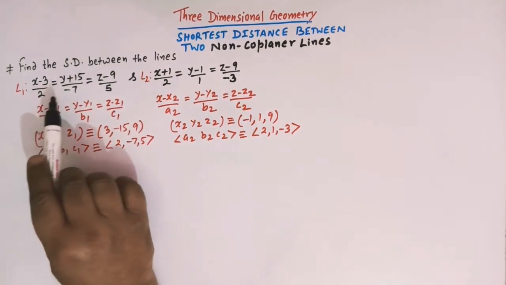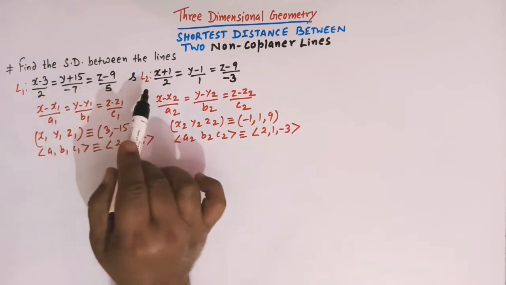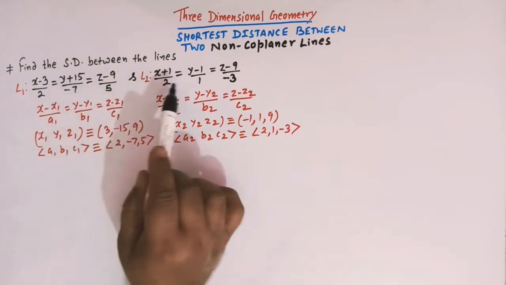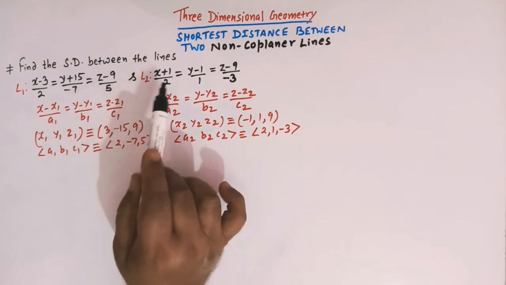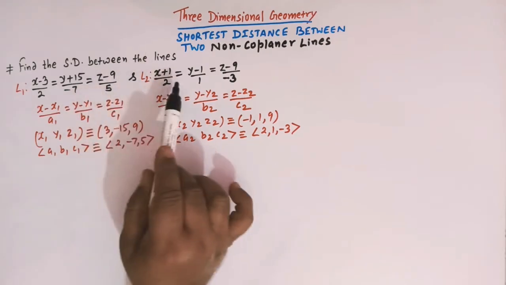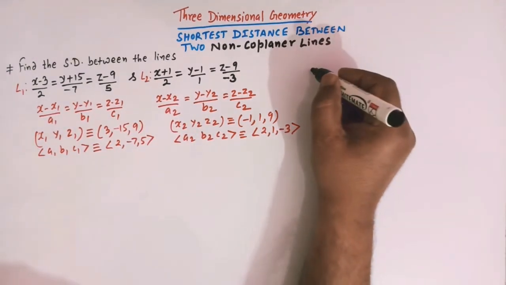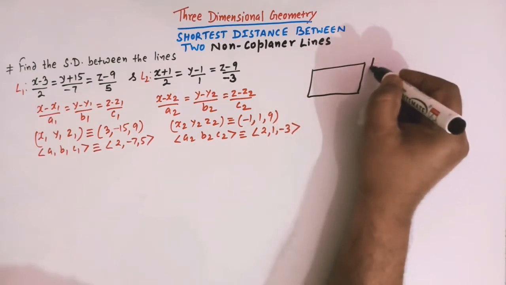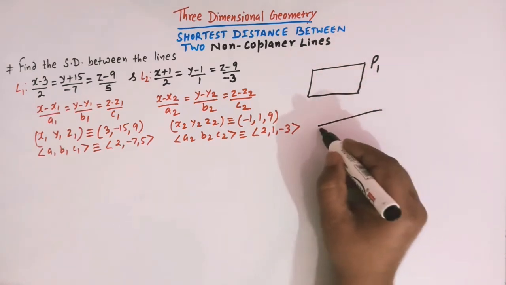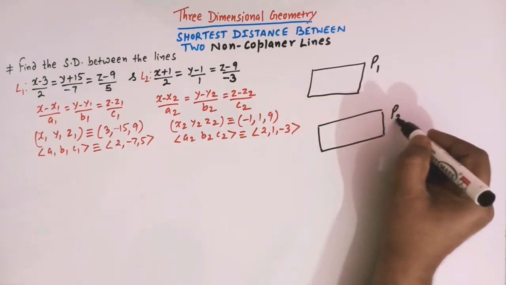Now if we closely observe the equations of these two lines L1 and L2, we conclude that these two lines are non-coplanar, right? And we have to find the shortest distance between them. It means the first line lies on some plane P1, and the second line lies on some other plane P2, right?